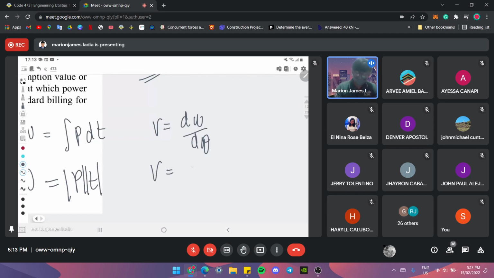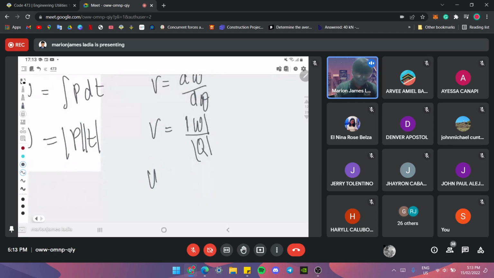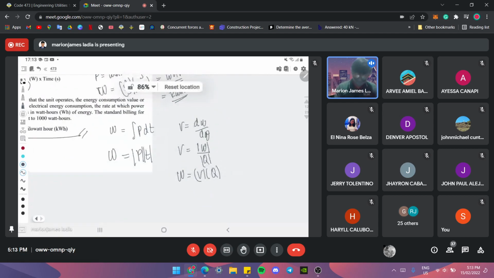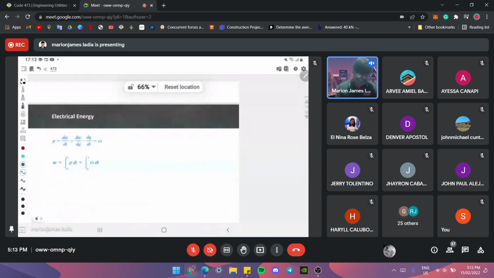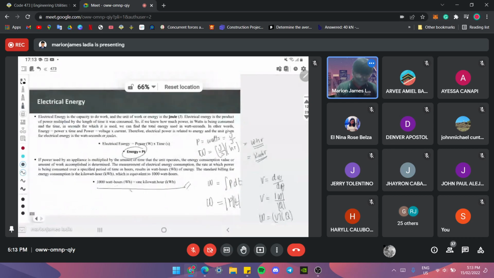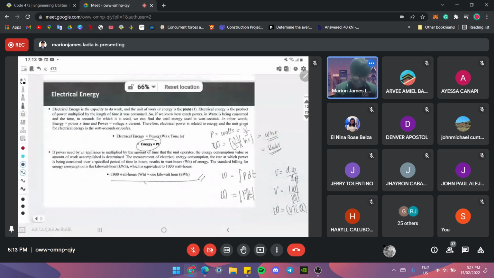So therefore, pwede ko yung sabihin na pag yung dQ natin is yung ginagamit natin yung magnitude niya, so W over Q. So therefore, pwede ko rin sabihin that W is equal to V multiplied by Q. Okay? So unit for W, ito, joule. Huwag nyo kakalimutan yung joule natin. So yan. As a unit for energy store. So yan. That is for energy.